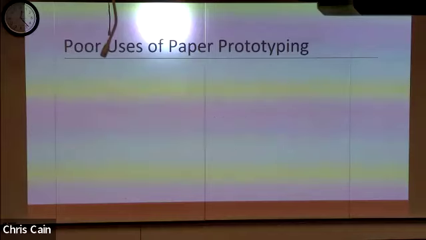What is paper prototyping bad at? If there's lots of information that needs to be stored, it is much better to use a computer to store all of that information. We have a lot more storage capability in a computer than we have in our brains, or can fit reasonably on paper.